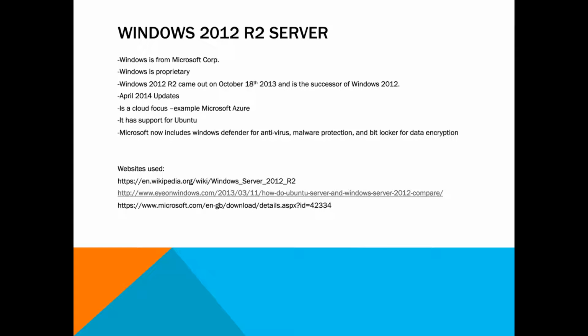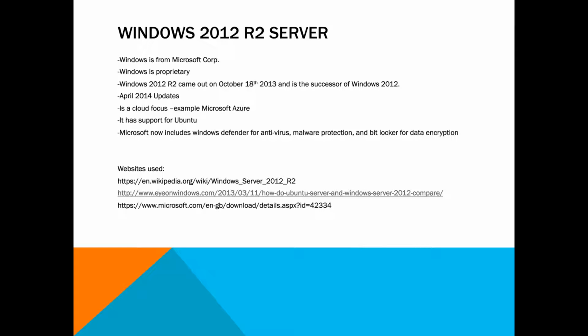Sweet. So starting off, we're going to be talking about Windows 2012 R2 server. Windows is basically from Microsoft Corporation. Windows is proprietary, meaning that it does cost money, ranging from about $1,000, but it also comes with a bunch of unique features and guides for it.